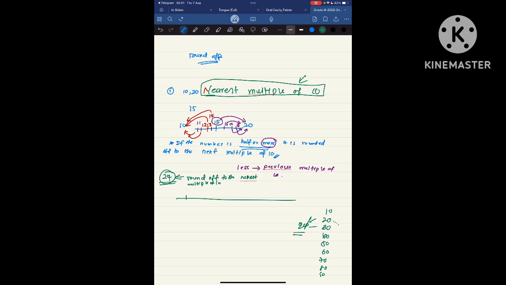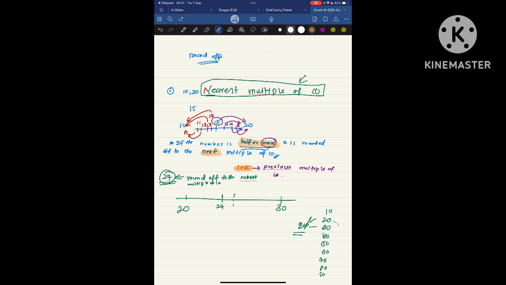So, write 20 here, 30 here. 24 is somewhere less than the middle. Okay? So, according to our rule, what does it say? If it is half or more, it goes to the next.